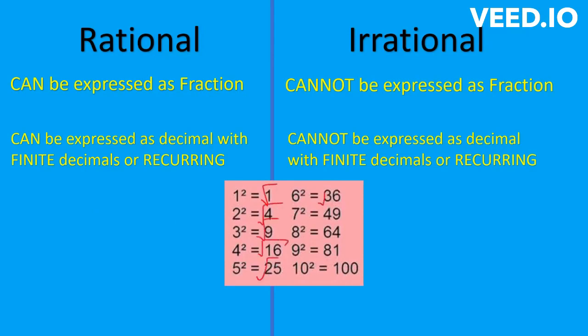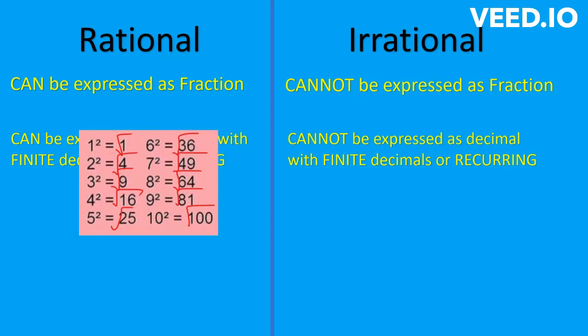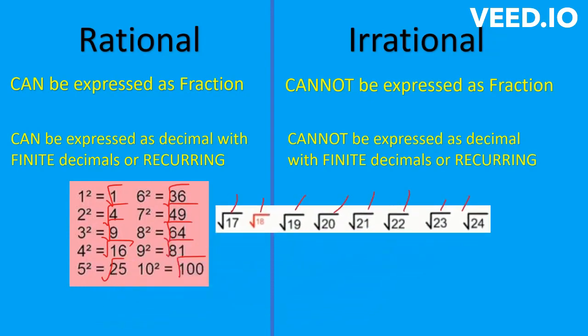So how about square roots of perfect squares? These are all rational numbers. How about square roots of imperfect squares? These are all irrational numbers.